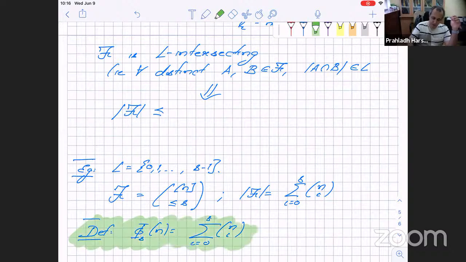This is usually, actually, I don't know why this is usually just defined as n choose less than or equal to s. Let's just stick with that notation. Or should I build up a notation for this?